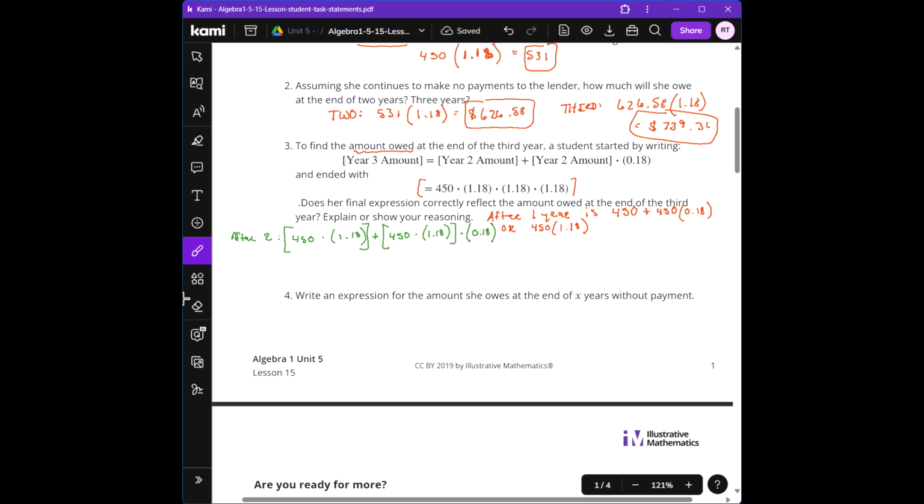So what we can do now is factor out the 450 times 1.18.